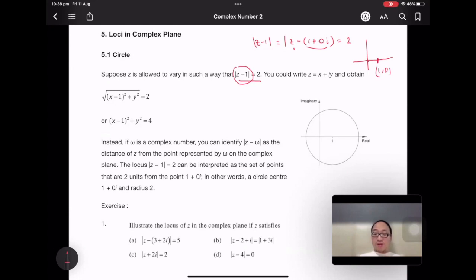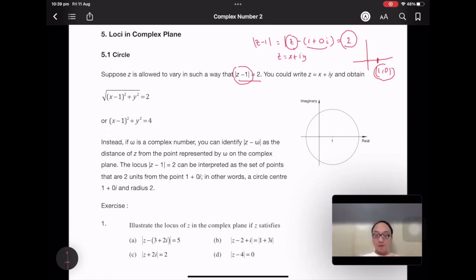So we can find the set of solutions of the complex number z that has the distance of 2 from the coordinate of 1, 0. If we use the distance formula, we know that z is x plus iy.